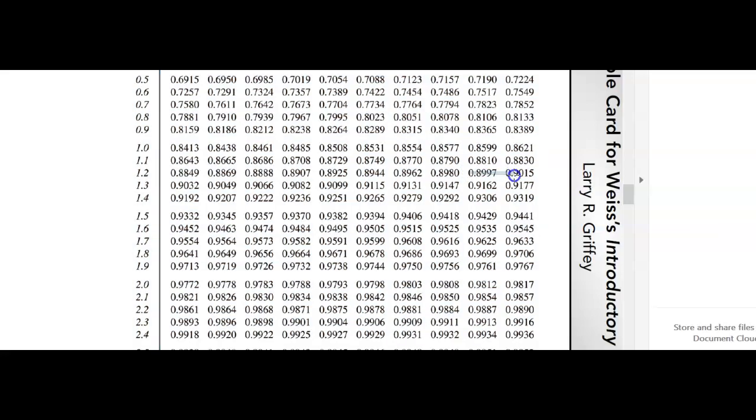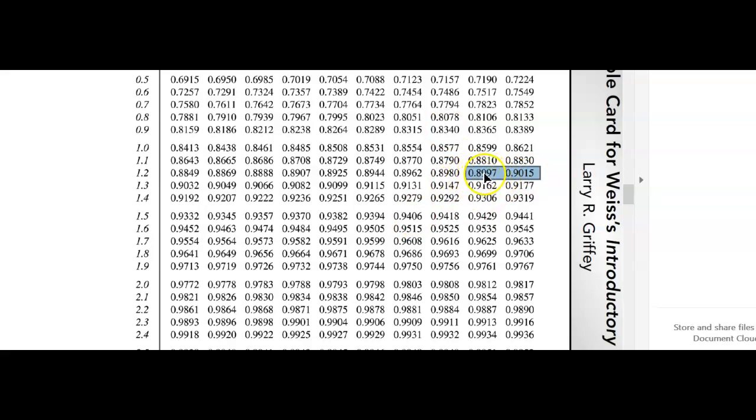It jumps from 0.8997 to 0.9015. We want 0.9000, so which of these two numbers is it closer to? It's 3 away from this number and 15 away from this number. So we have to use this one as the estimate.